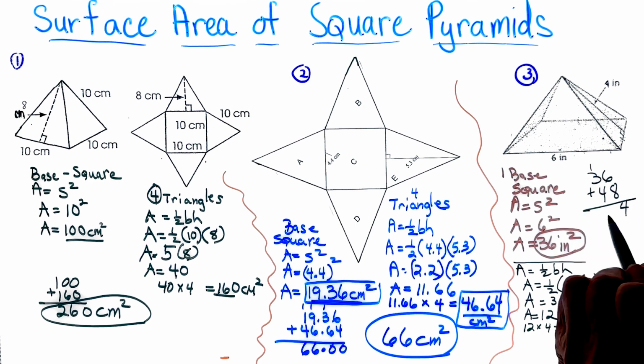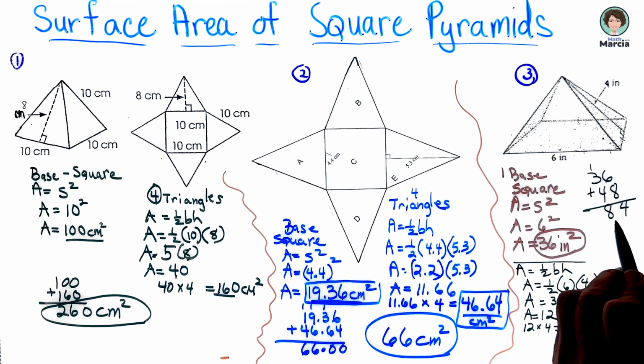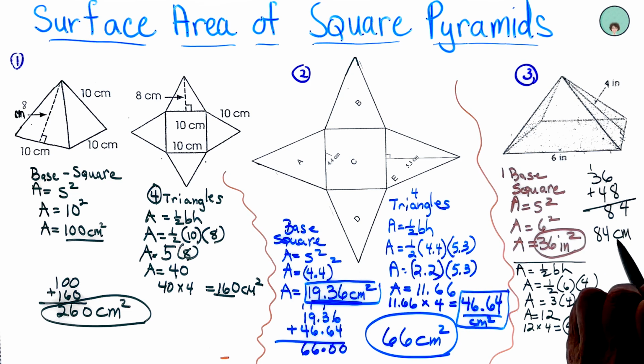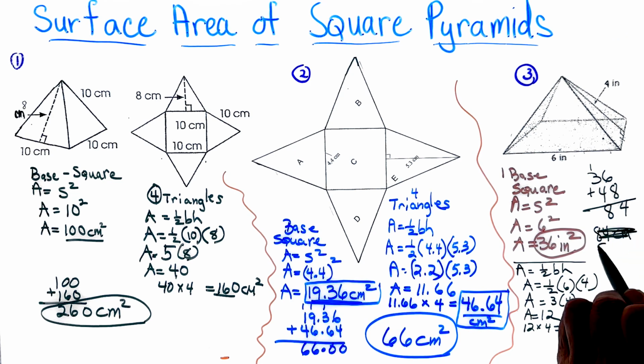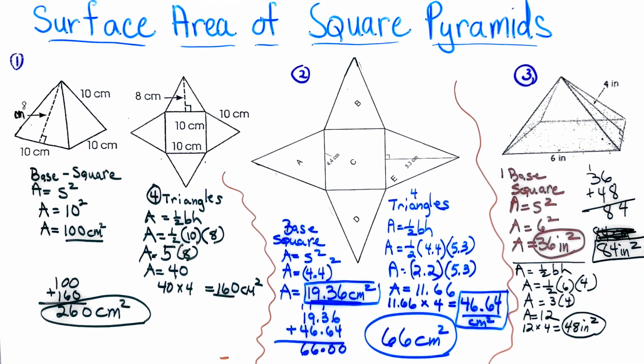And as you add them, you get 84, and that will be 84 centimeters, not centimeters, I'm sorry. It's going to be 84 inches squared. And there is your final answer for the other square pyramid.